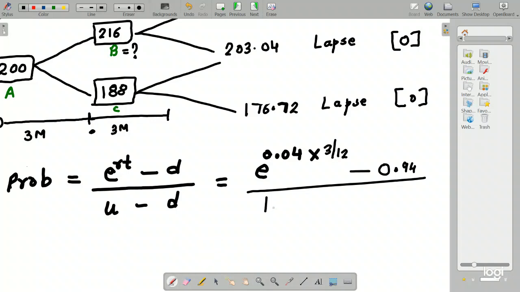So I wrote it as 1.08 minus 0.94. And let's quickly calculate the value of this, how much is the value that I am getting here.